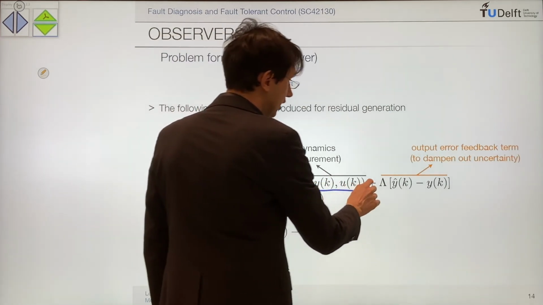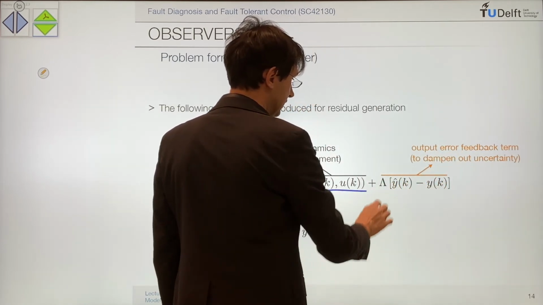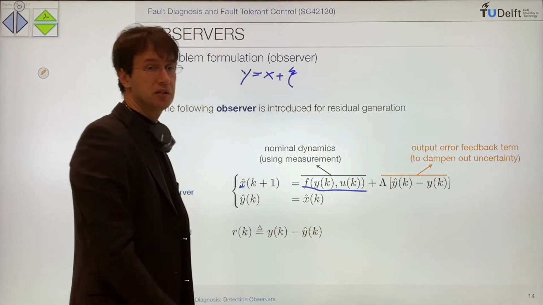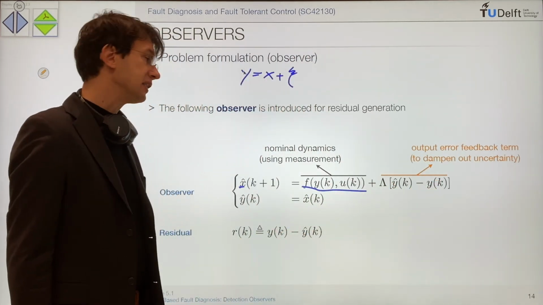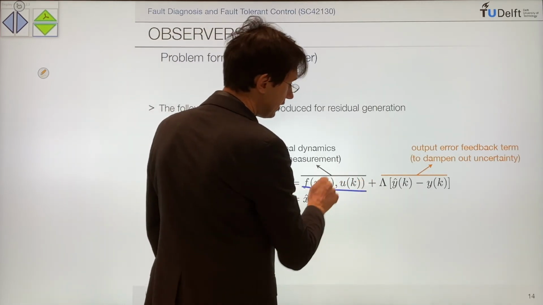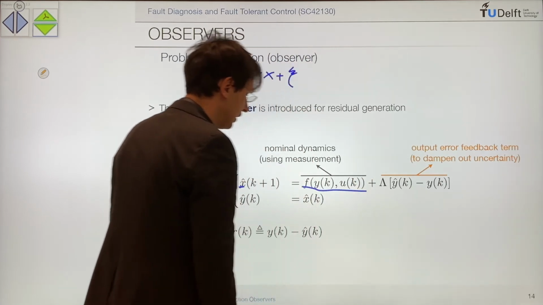And then we have the output error feedback term, the one that is dampening out uncertainty and making the observer track our system. So you remember in continuous time we had a minus here, but in discrete time we have here a plus.